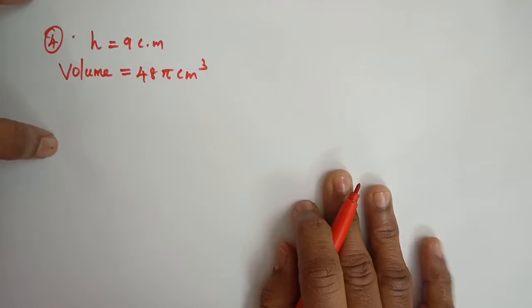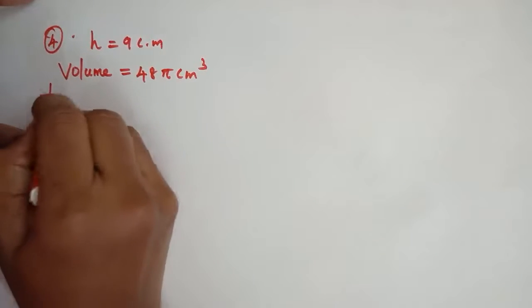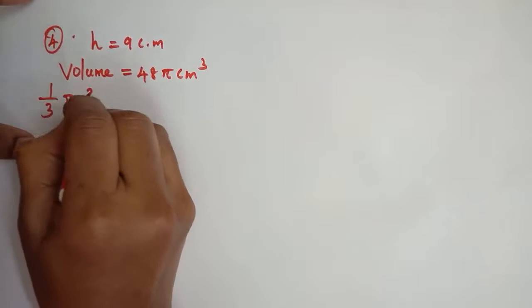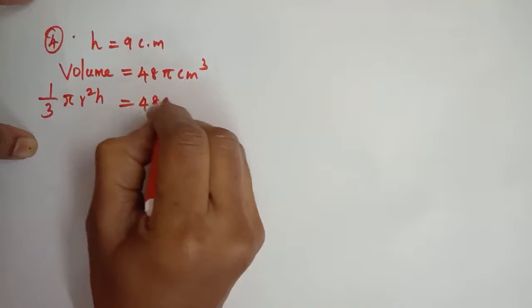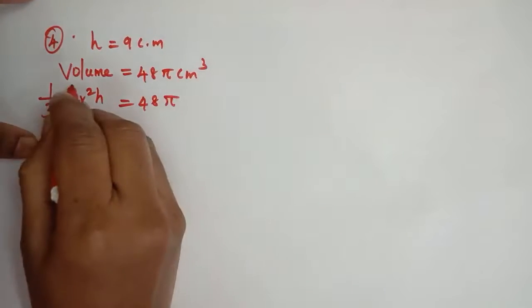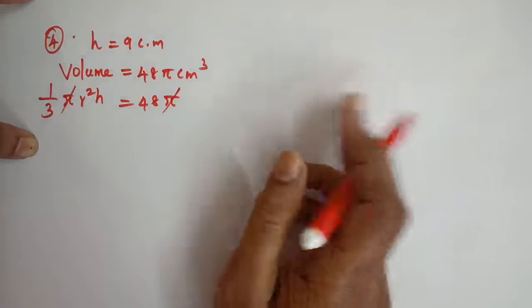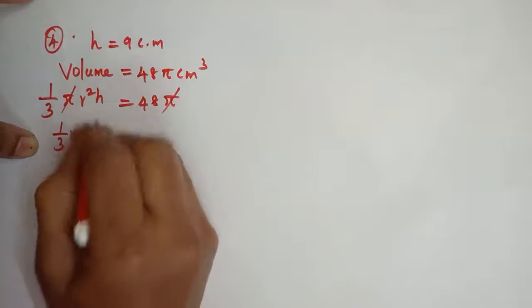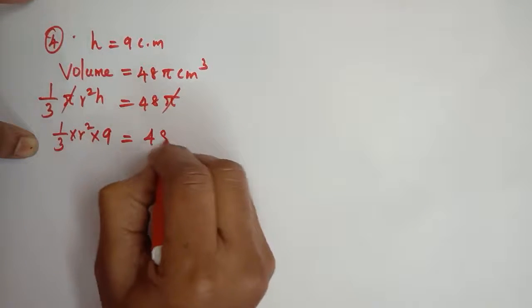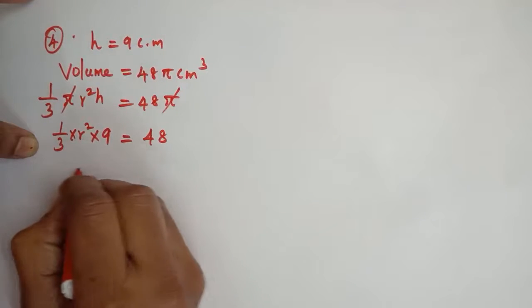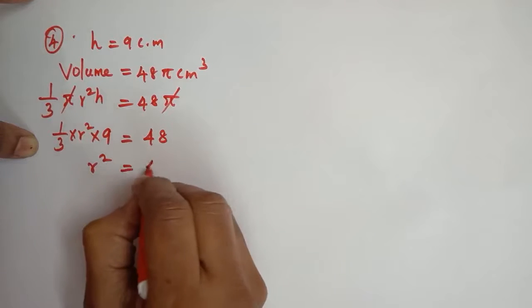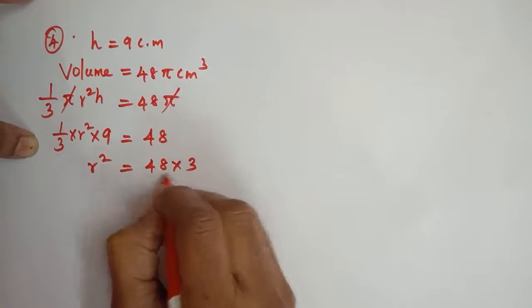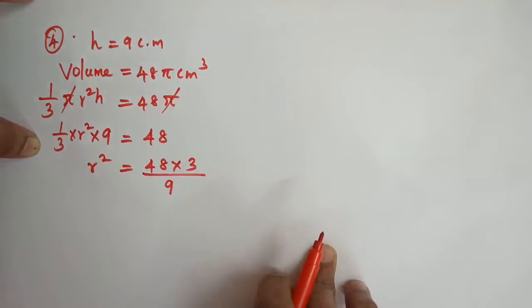Okay, now we have to find the radius. Is it clear? So students, listen, the formula of volume is 1 by 3 pi r squared h, that is equal to 48 pi. Okay, students, here you should cancel the pi. Then 1 by 3 into r squared, we don't know, h value 9, is equal to 48. Okay, so r squared is equal to 48 into 3 divided by 9. Is it clear, students?